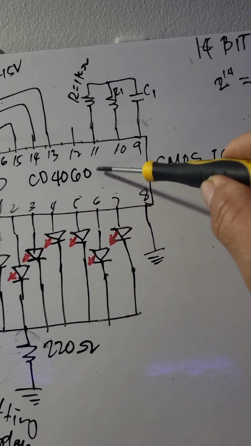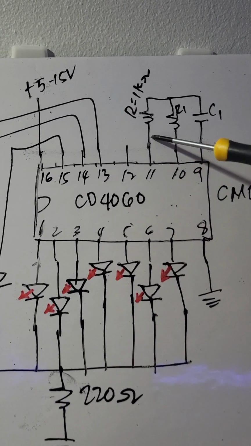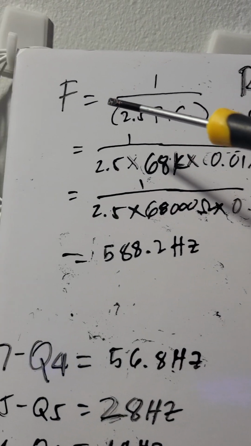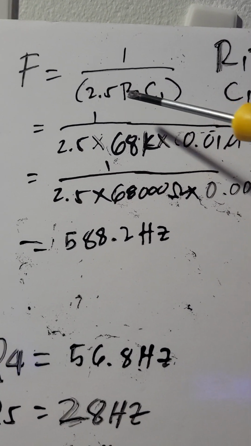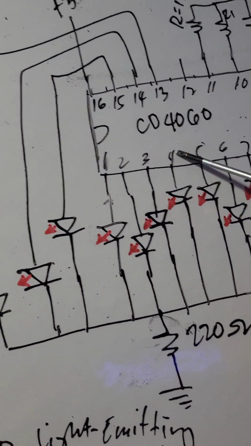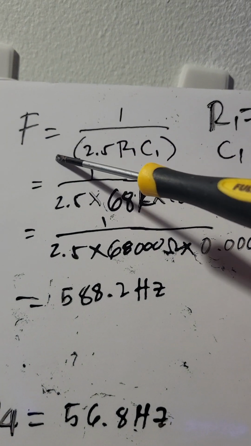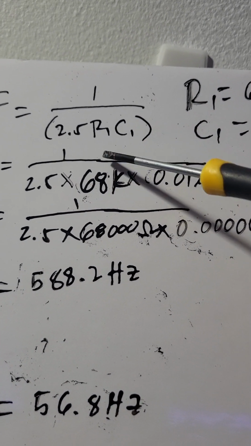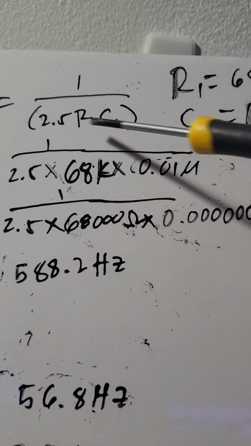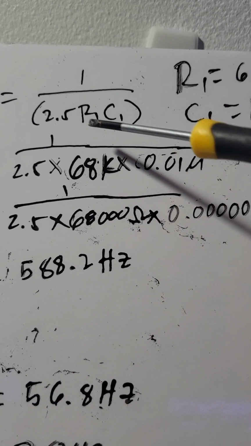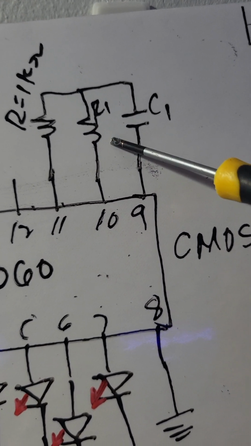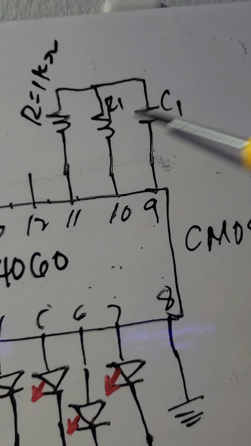There is a formula for RC for computing the frequency of the oscillator inside this IC. The frequency, F, equals 1 over 2.5 times R1 C1. 2.5 is a constant, and R1 and C1 depend on how much value you assign to these two components.